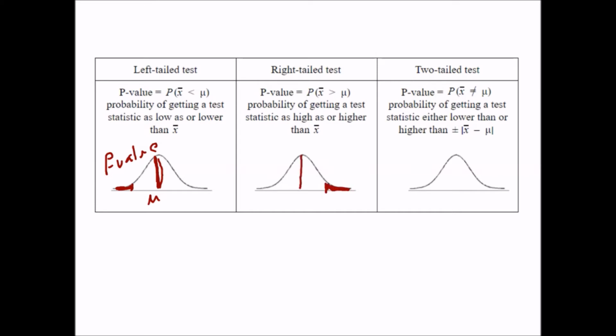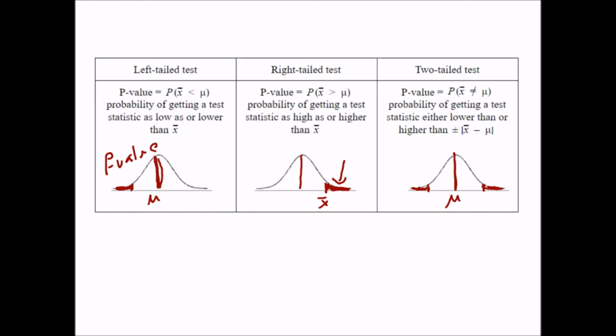Again, here's your mu. This would be your x bar. So this would be the p-value right here. And then a two-tailed test basically is saying that it's not this mean. So it could be below or above in either direction.